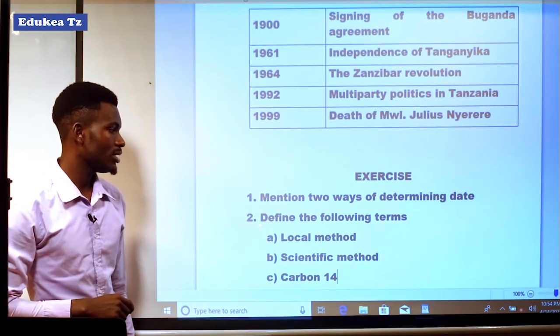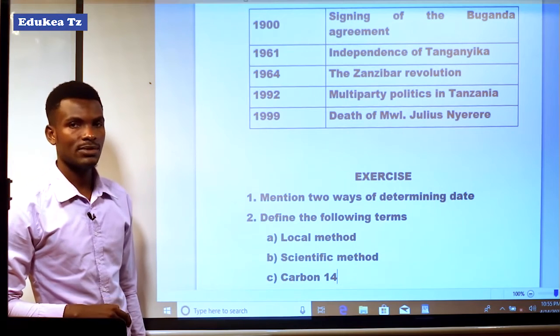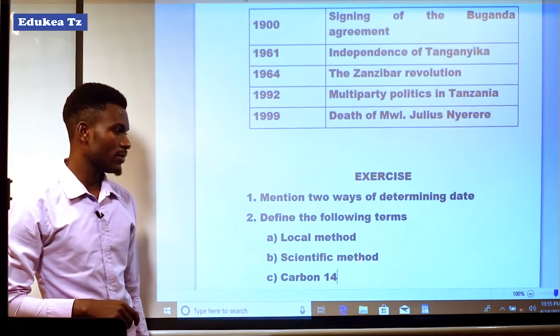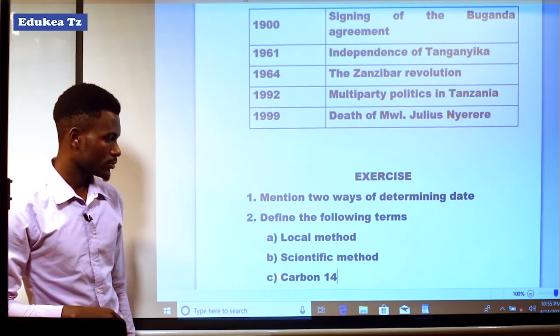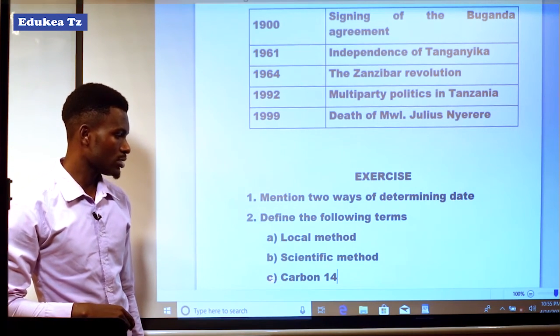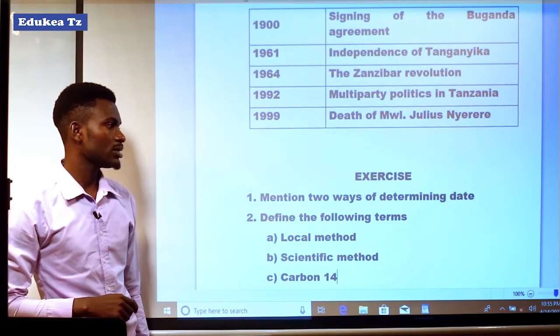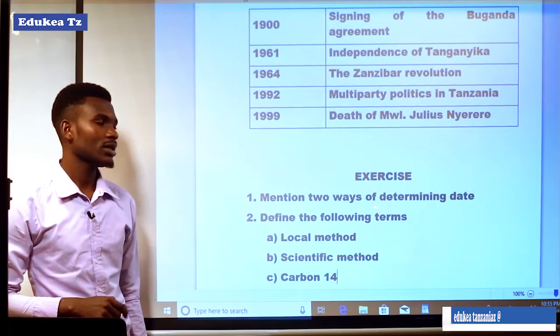The second one is: define the following terms. The first term is local method, the second is scientific method, and the third is carbon 14.